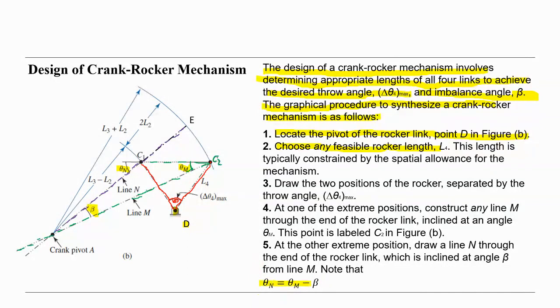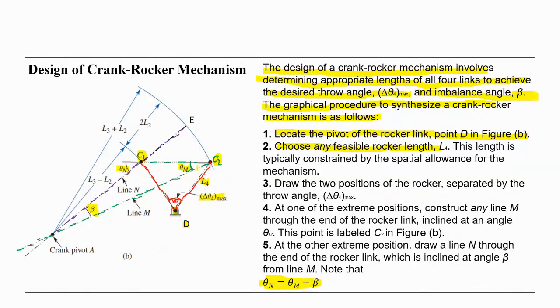So then we have also this relation here. If we consider this triangle, actually we select only theta m. We select the length L4, and then we use the delta theta 4, and we create the other positions C1 and C2, the extreme or limiting positions.